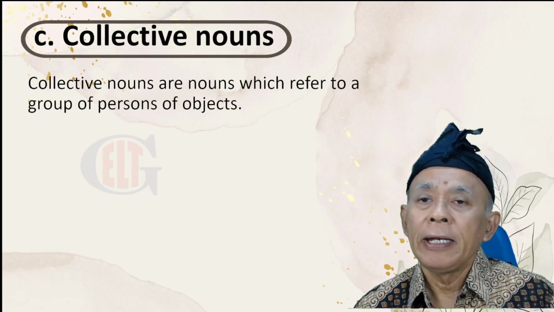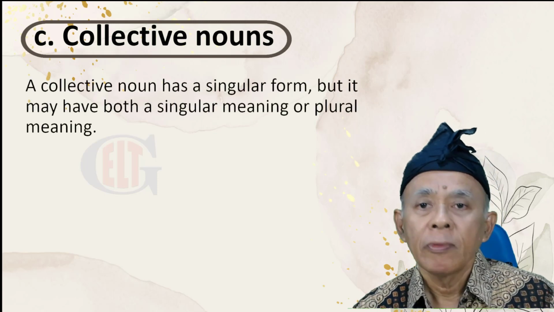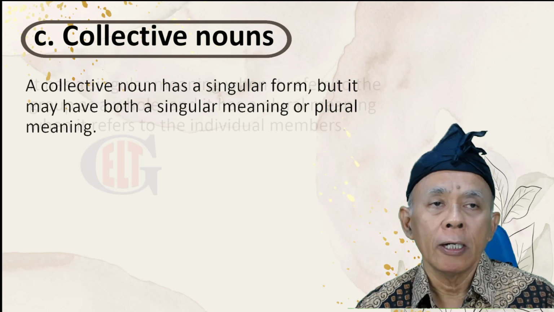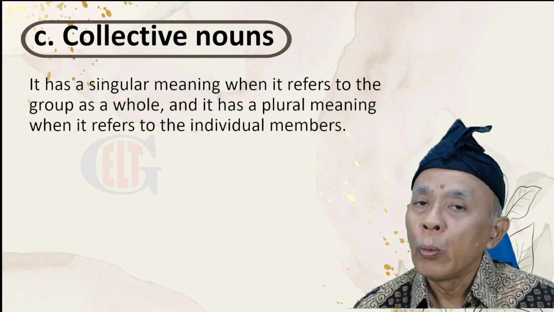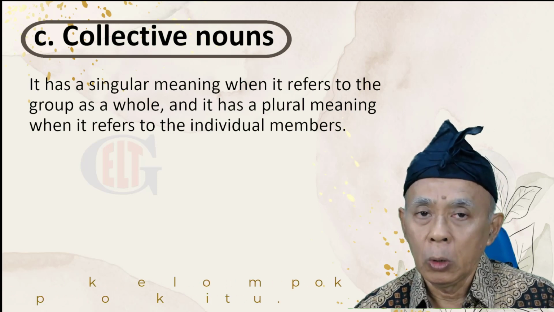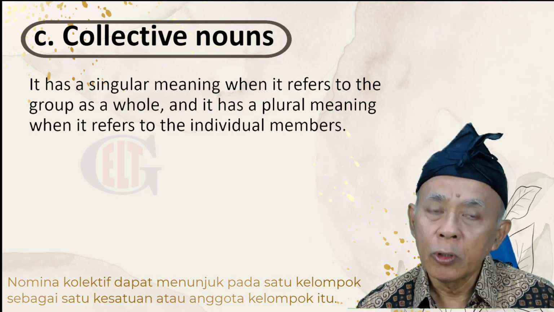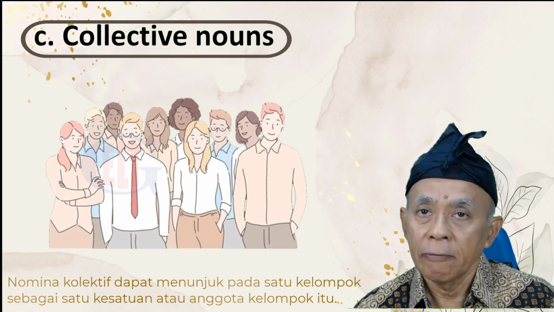Collective nouns are nouns which refer to a group of persons or objects. It has a singular form, but it can be treated as a plural form. It is treated as a singular noun when it refers to the group as a whole, as a unit. And it is treated as a plural noun when it refers to the individual members of the group.